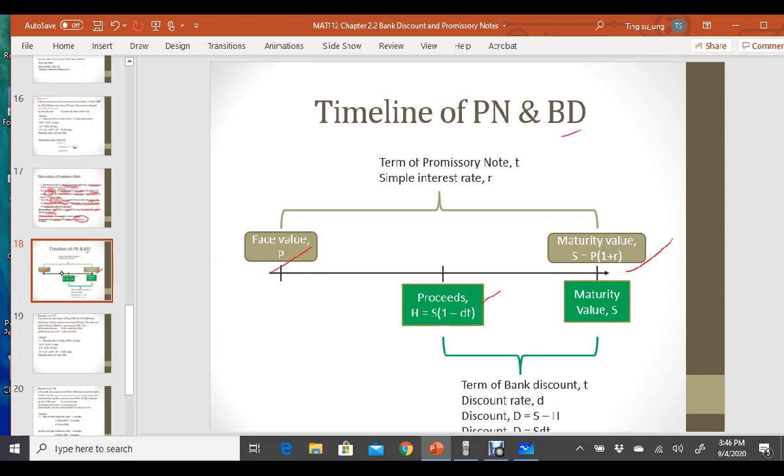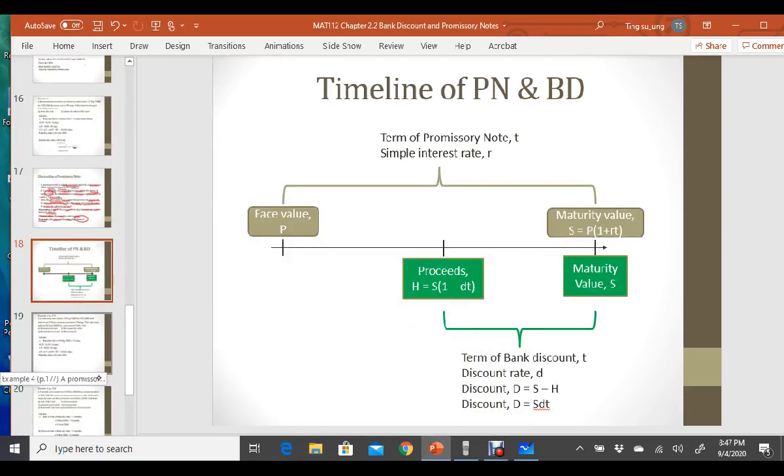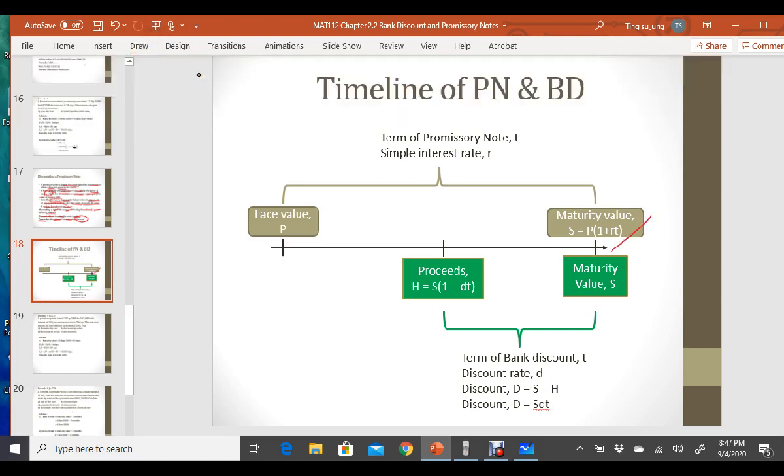Proceeds is H = S(1 - DT). So maturity value is S = P(1 + RT). Proceeds is H = S(1 - DT). Then discount will be S·DT.